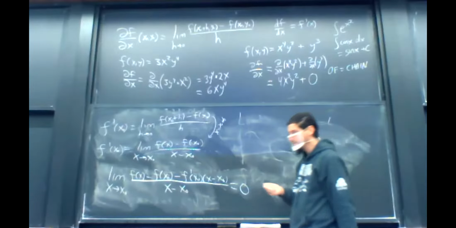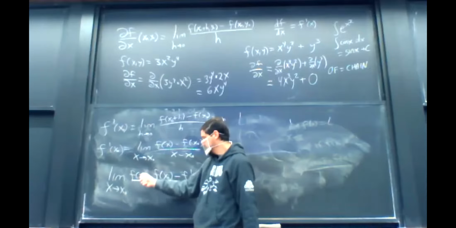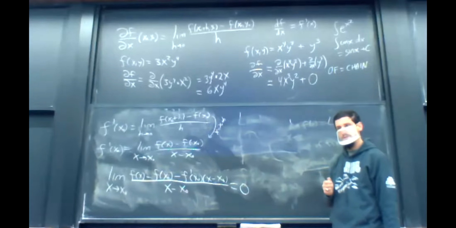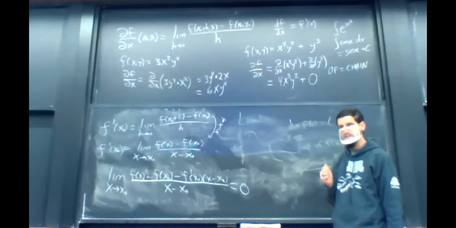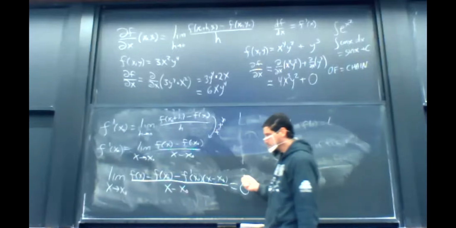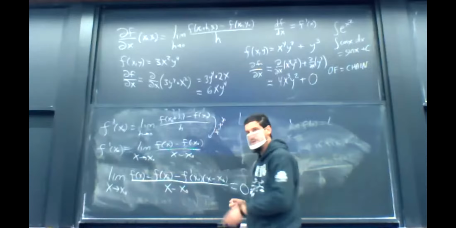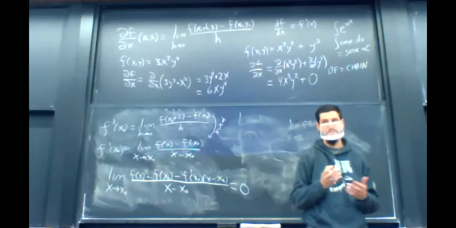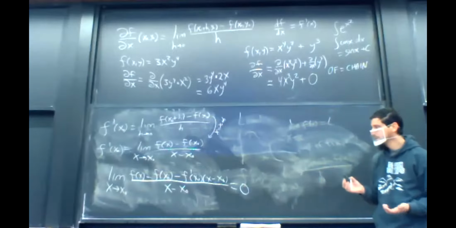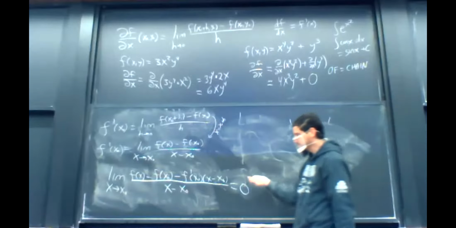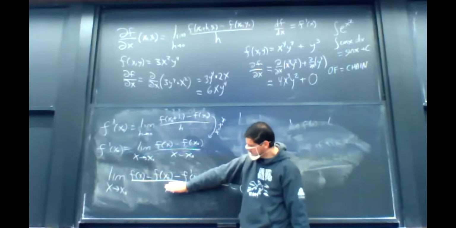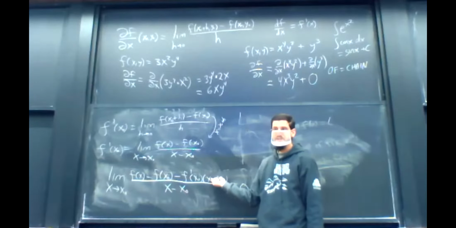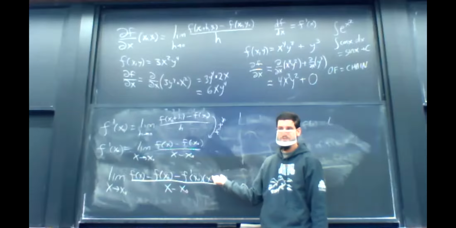Another way to say that a function is differentiable is to say that if I subtract this quantity over here, it's so good that as x goes to x naught, not only does the numerator go to 0, but it still goes to 0 when you divide by x minus x naught. If my function is continuous, and I don't have the x minus x naught in the denominator, as x goes to x naught, what does x minus x naught go to?